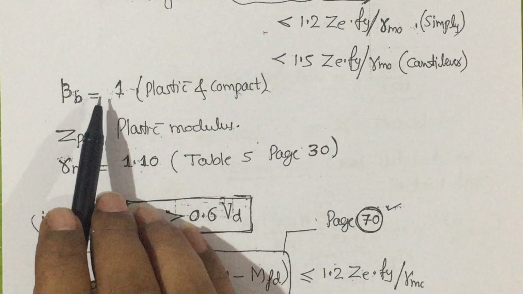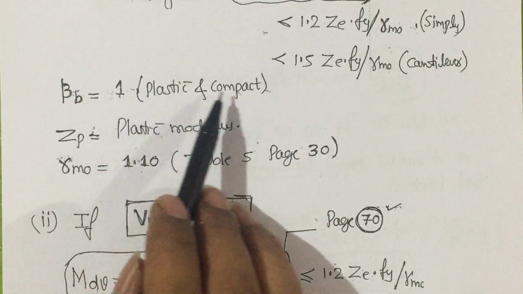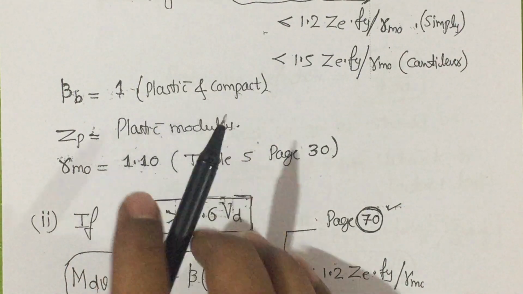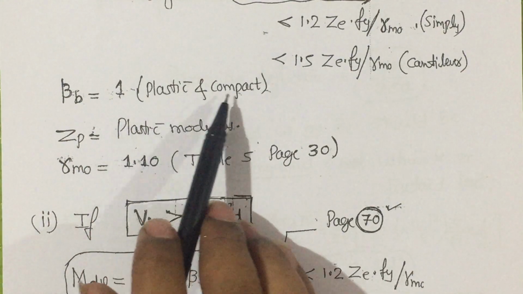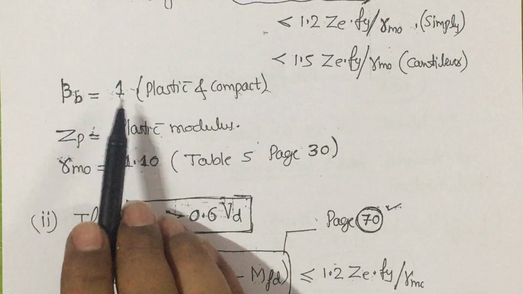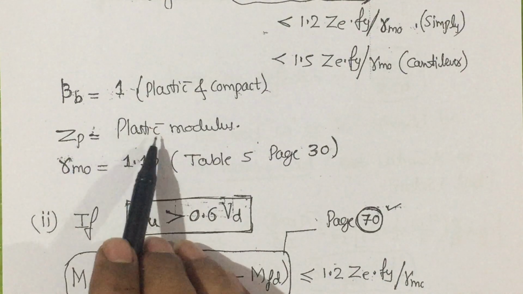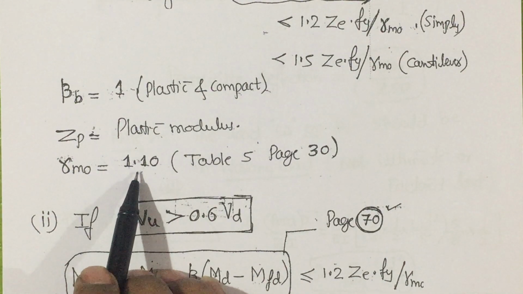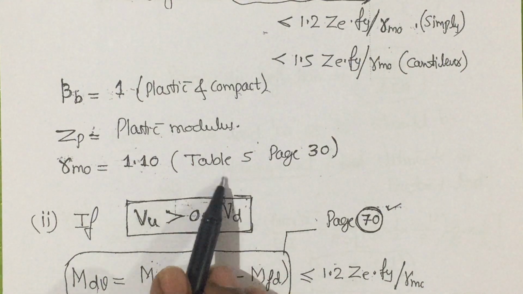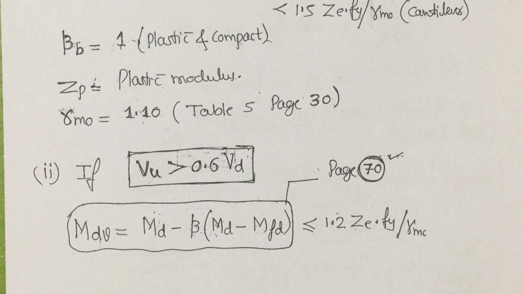where beta b is equal to 1 for plastic and compact sections. We come across 4 types of section here. Out of that, if we have plastic or compact section, then beta b is equal to 1, Zp is nothing but plastic modulus, gamma m naught is 1.1, that is constant, it is given in table 5 of page 30.